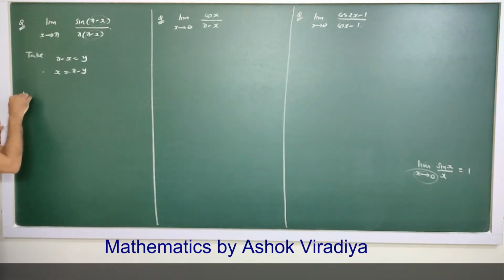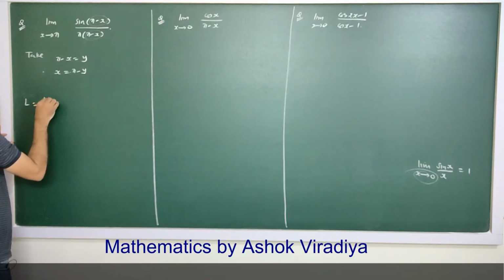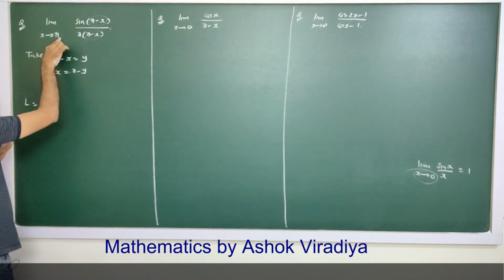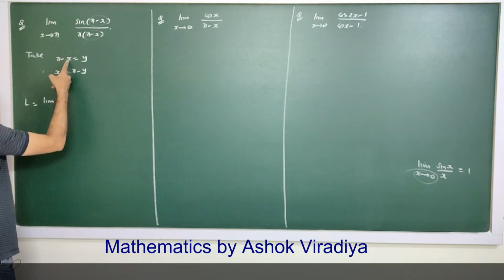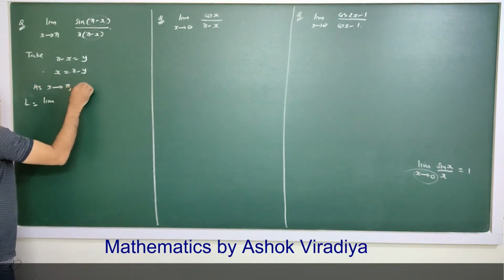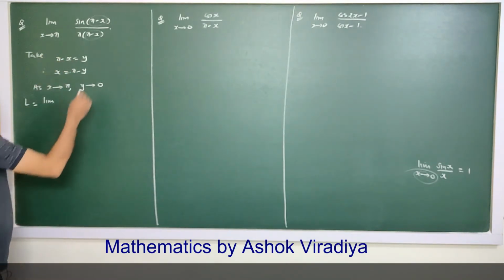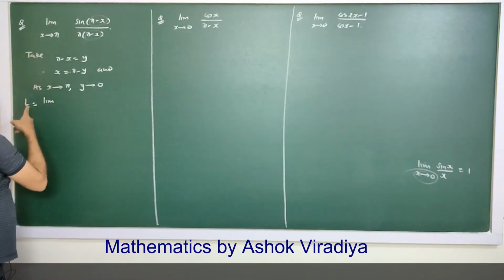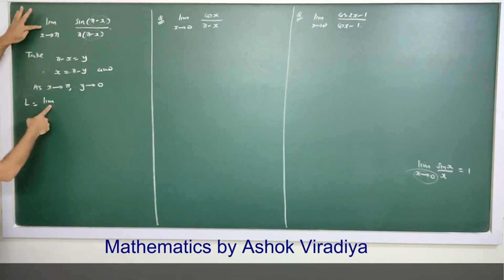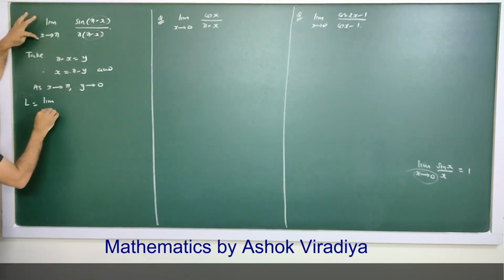So limit is equal to limit as x tends to pi. Here as x tends to pi, y tends to 0. That is clear by this relation. So using these values, limit is equal to limit, now replace x tends to pi by y tends to 0.